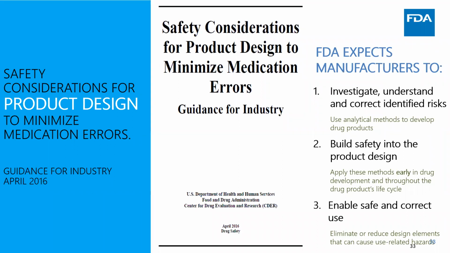So in this guidance, FDA expects manufacturers to investigate, understand, and correct identified risks using analytical methods in order to develop drug products, build safety into the product design, and apply these methods early in drug development and throughout the drug product's life cycle, and to enable safe and correct use by eliminating or reducing design elements that can cause use-related hazards. Next slide, please.